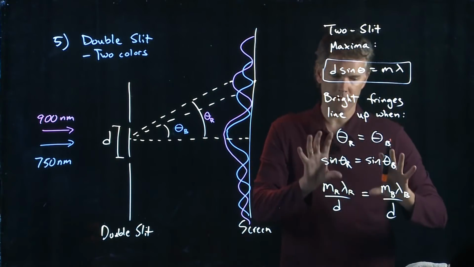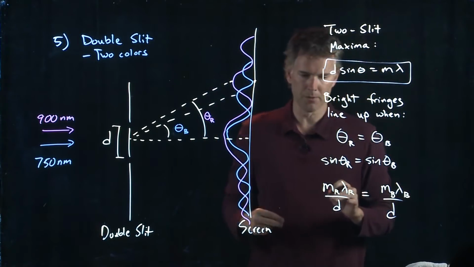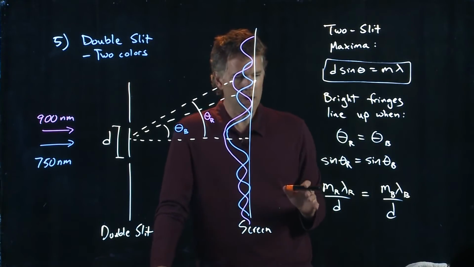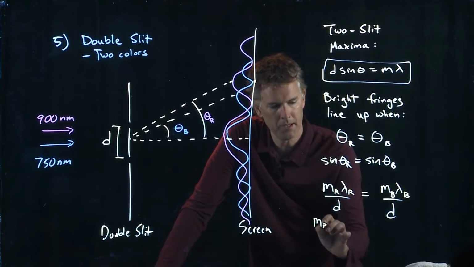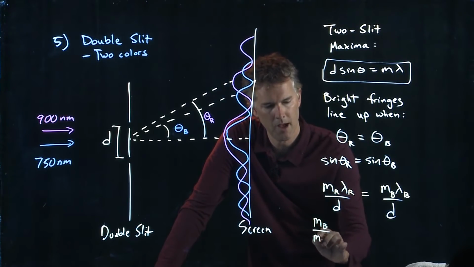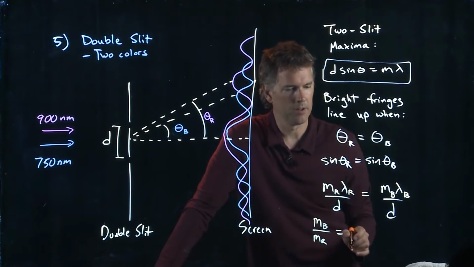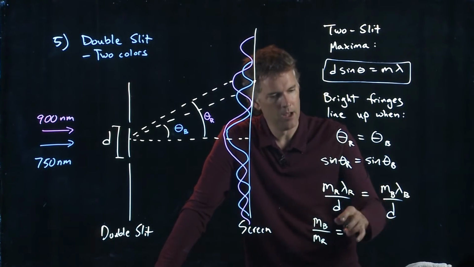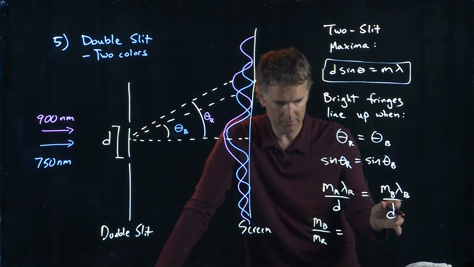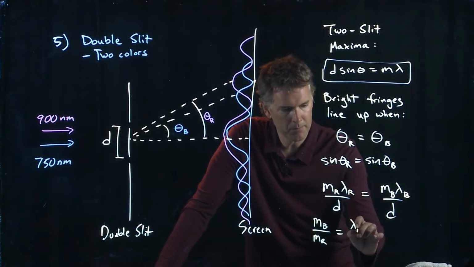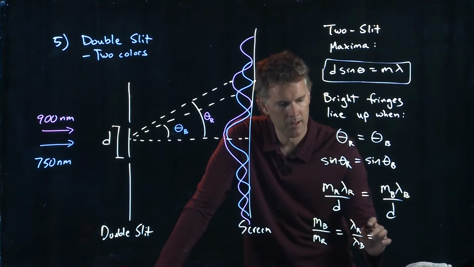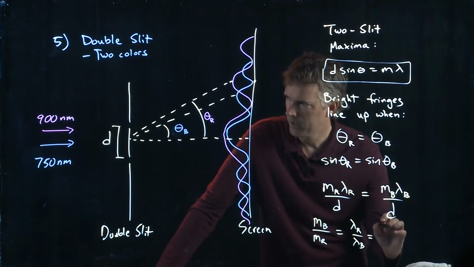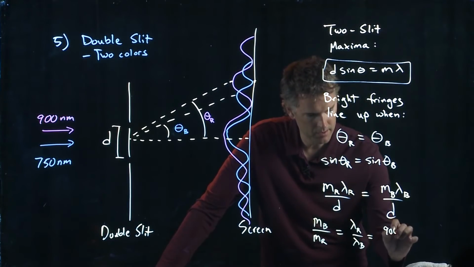So that equation becomes this relationship between the two of them. And now we can probably figure out how to do this. M blue over m red is going to be what? Well, I divided by the m red. The d's are going to cancel out on either side. And so I get lambda red over lambda blue. And lambda red over lambda blue is 900 over 750.